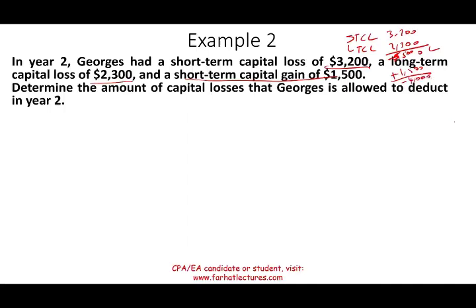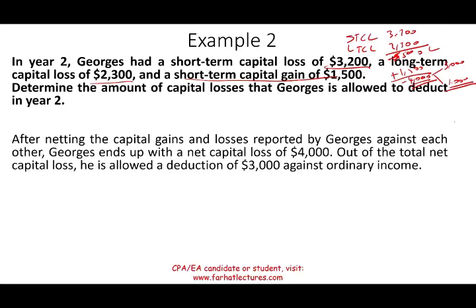What can we do with that net capital loss? Well, we can deduct $3,000 this year, and we can carry the $1,000 forward indefinitely. So you just have to memorize this. After netting the gains and the losses, we have $4,000 in net losses. Why? Because we have $5,500 in losses overall and a gain of $1,500.